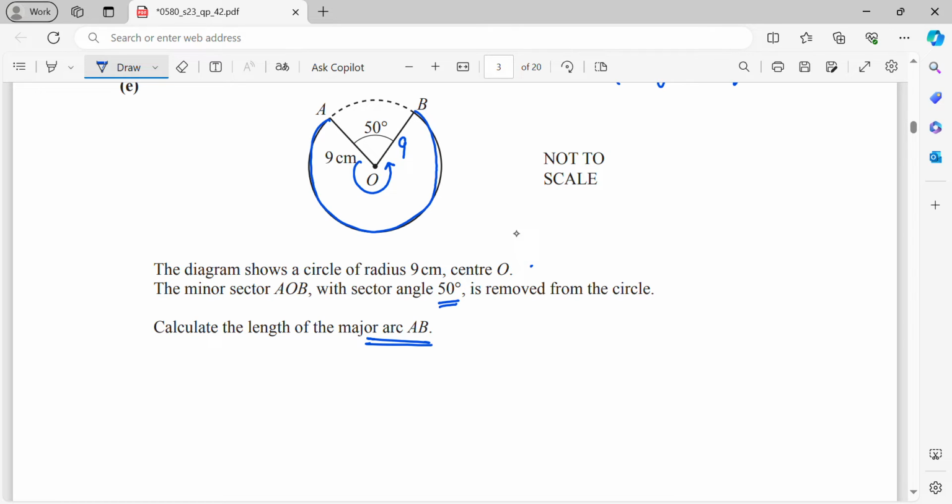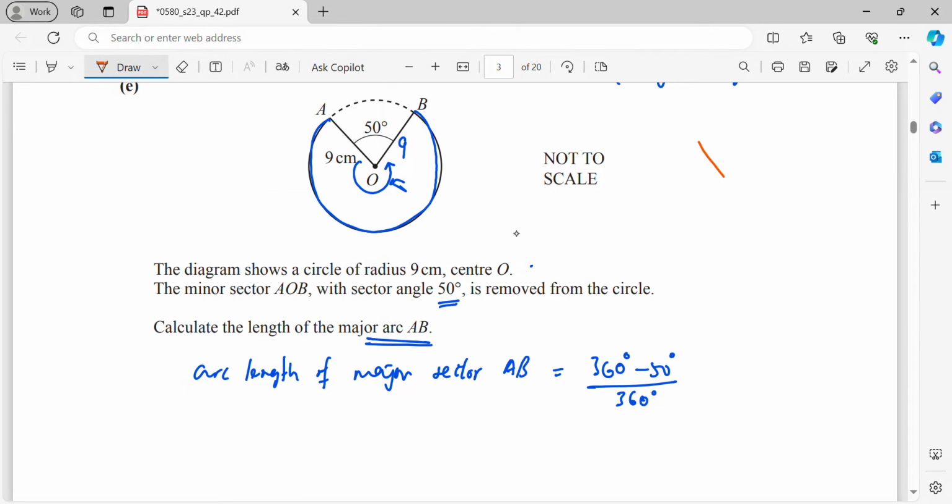Alright. So arc length of major sector AB, the formula is, I need to know what is this angle. That means it's 360 degrees minus 50 degrees, okay, over 360 degrees. That means it's basically like this.